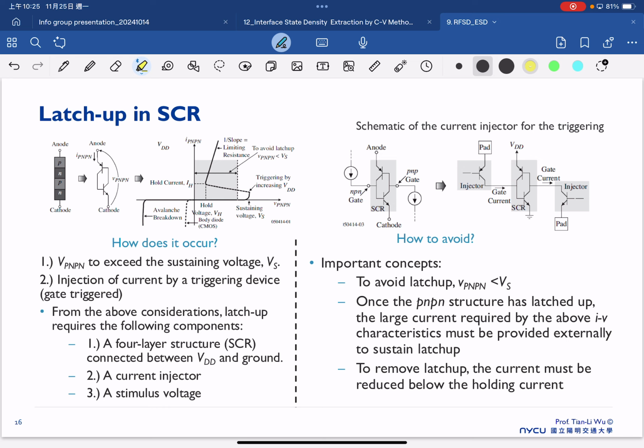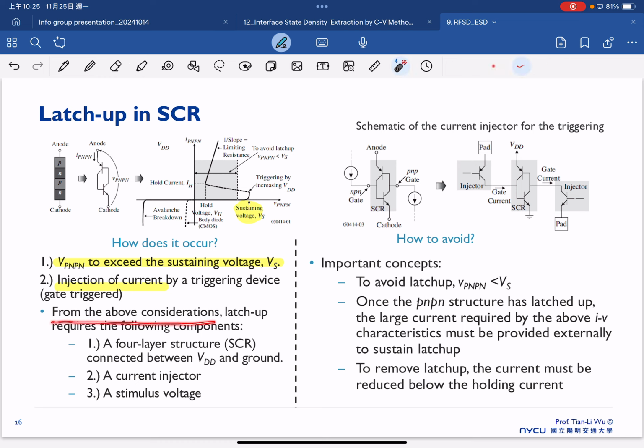So how does it occur? For sure, as already said, the bias for VP and PM must exceed the sustained voltage, Vs here. And also, there must be injection of current by the triggering device. So we also need to make sure there's a current that can cause a latchup event.